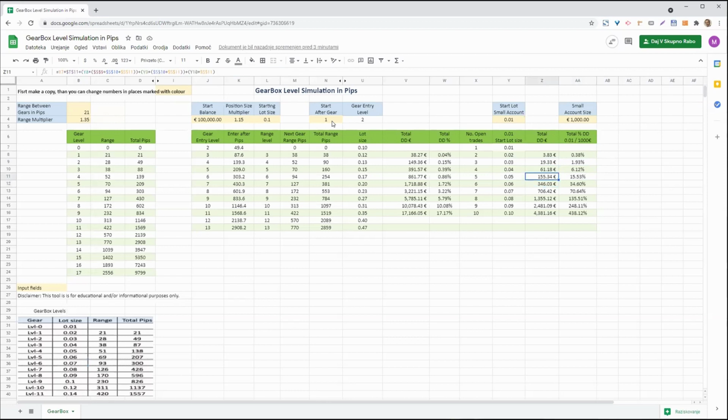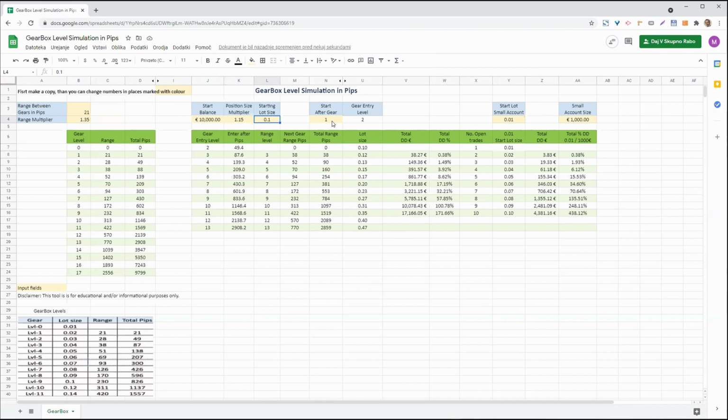But if you have a bigger account, then you are using this side. This side is when you use, I don't know, 0.1 lot or 0.2. So for example, if you have about, I don't know, $10,000, and you say, okay, position size multiplier will be 1.15, and then you have starting lot size 0.1.